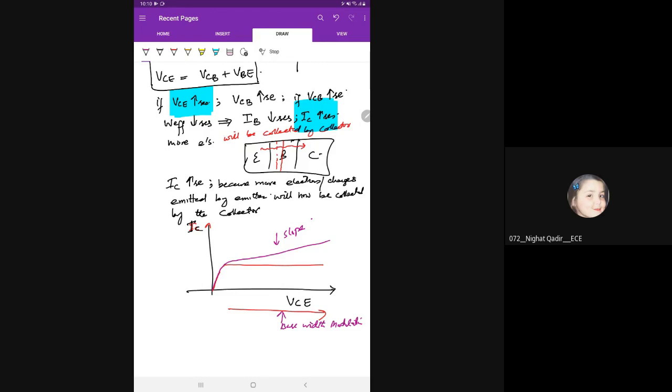When lesser recombination happens in the base, it means whatever electrons are emitted from the emitter, वो base में कभी recombine नहीं होंगे. तो हो सकता है in normal case we would emit, for example, 100 electrons and 10 will recombine in the base and they will correspond to base current. But once base width modulation happens and the effective region of the base narrows down, now you are emitting 100 electrons, only 2 electrons are recombining. So 98 are now collected by the collector.